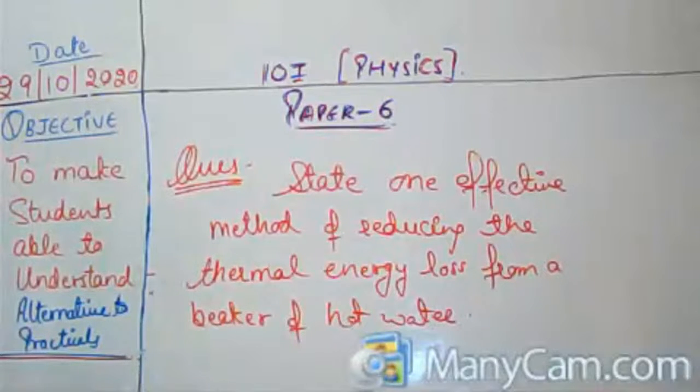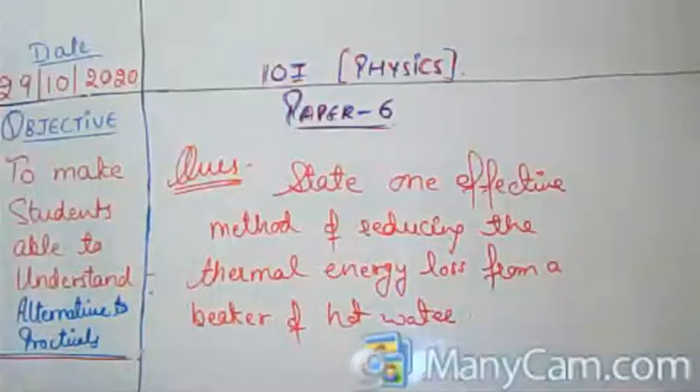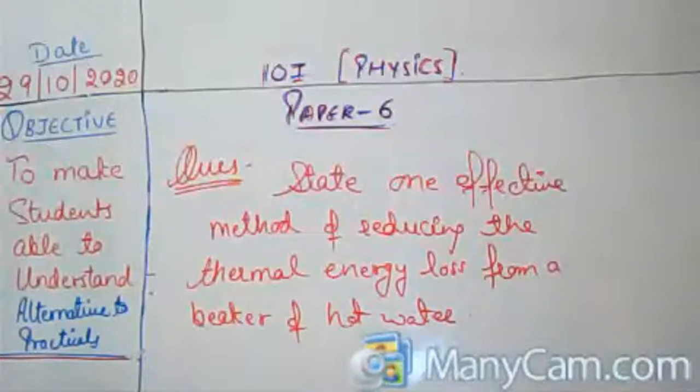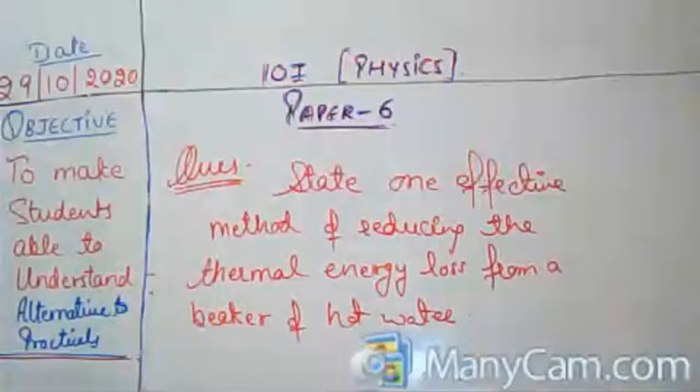Fine. So you have a beaker of hot water. Obviously, water is hot, energy is high, the kinetic energy, the molecular energy is very high. Being hot water, its density will gradually decrease. So because of which the chances of evaporation, vapor formation, are going to be more. Fine. Once it started, as much thermal energy loss happens, that much hot water is converted into another form, that is cold.